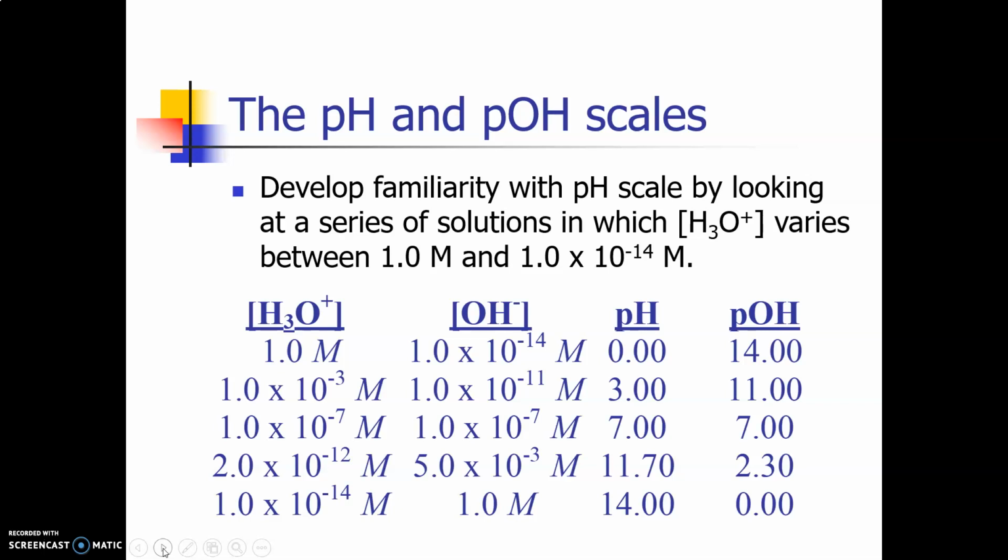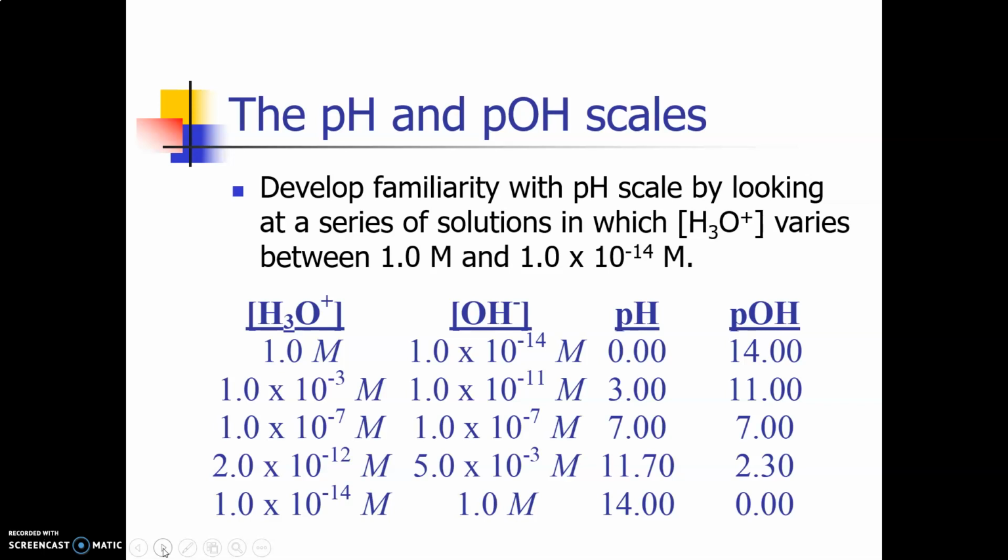As you can see, when you multiply the concentration of hydrogen and the concentration of hydroxide, the product is always equal to 10 to the power of minus 14.